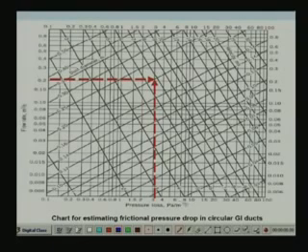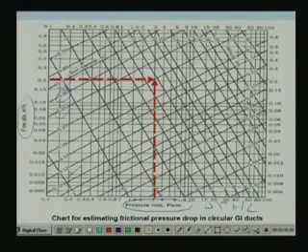Here on the x axis you have pressure loss per unit length, that is delta PF by L, pressure drop per unit length, and on the y axis you have the flow rate in meter cube per second, and you also have constant duct diameter lines. These are the duct diameter lines, for example 0.35, 0.3, 0.25, these are all the duct diameters. You also have the constant velocity lines.